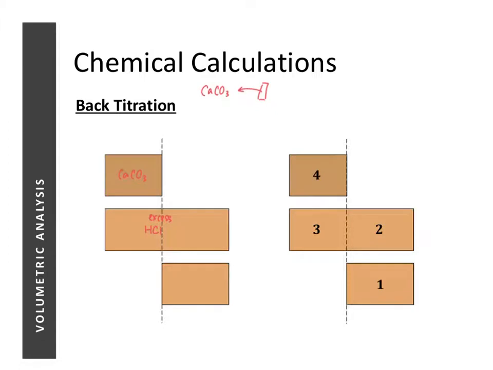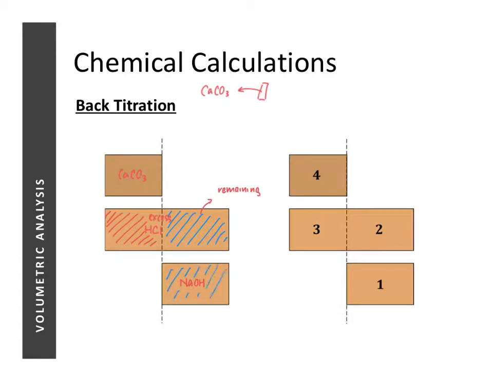Through the reaction, this amount of hydrochloric acid will be reacted, and this amount will be remaining. So how do I find out how much acid was remaining? I titrate the resulting mixture with a third reagent, sodium hydroxide. This remaining acid will be reacted with sodium hydroxide.